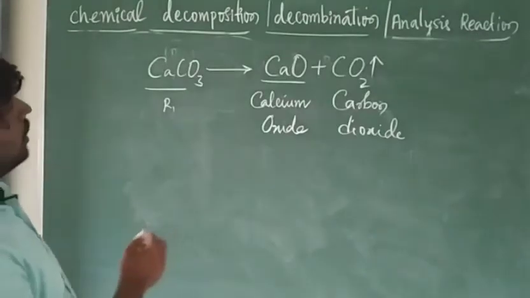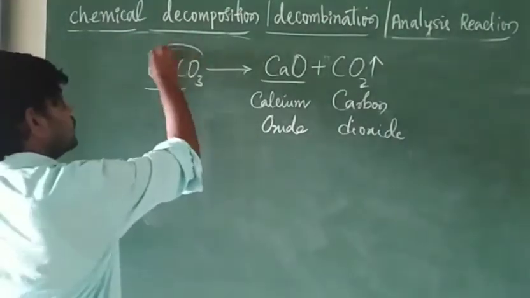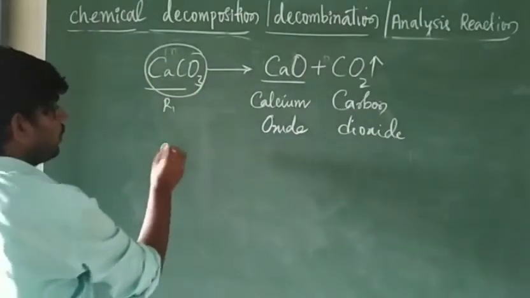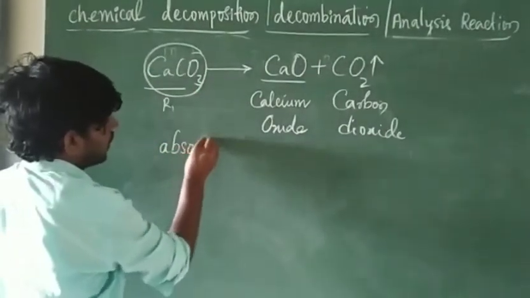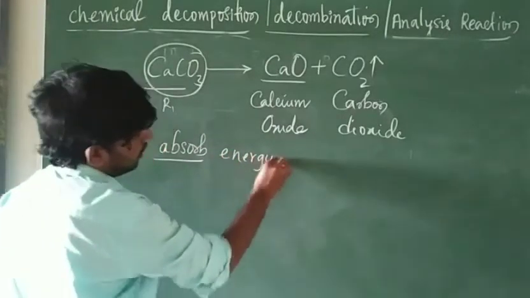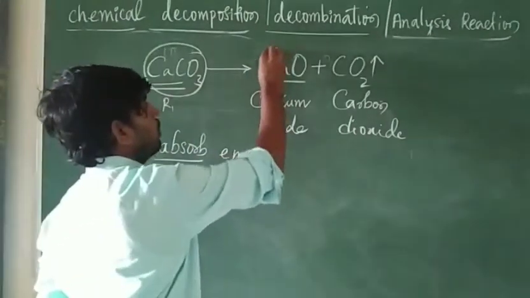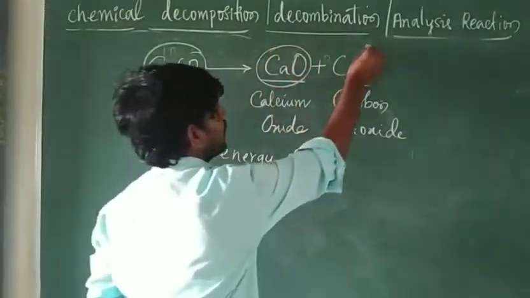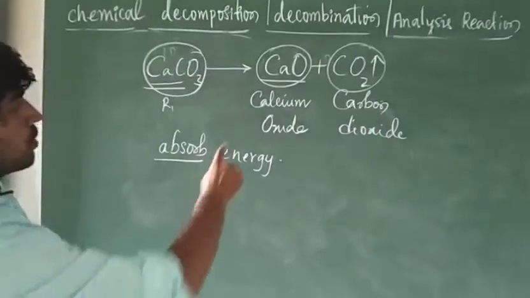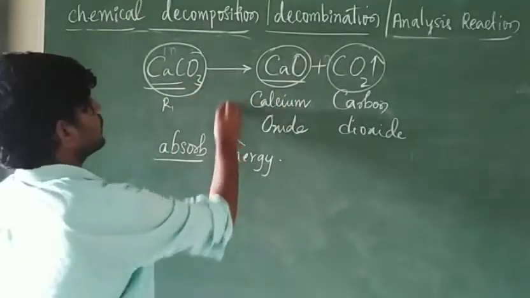Remember, in chemical decomposition reaction, the reactant is going to absorb energy. If we want to make calcium oxide and carbon dioxide using calcium carbonate, we have to supply the energy.